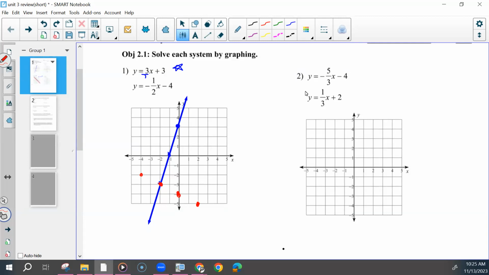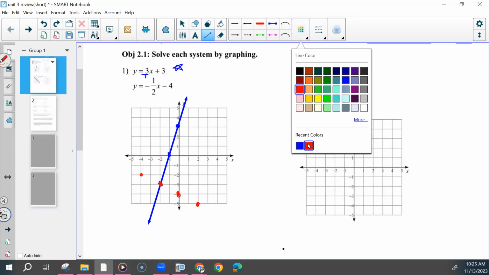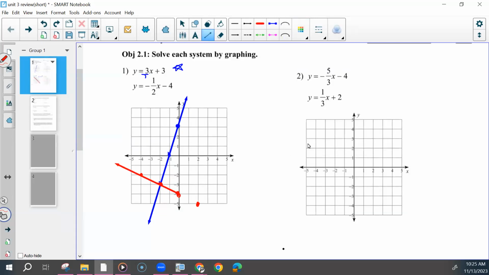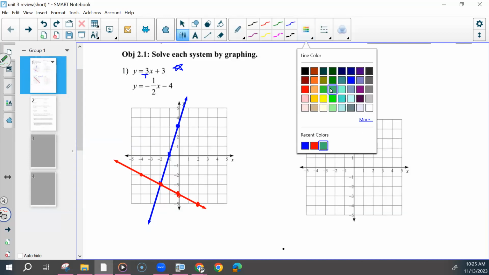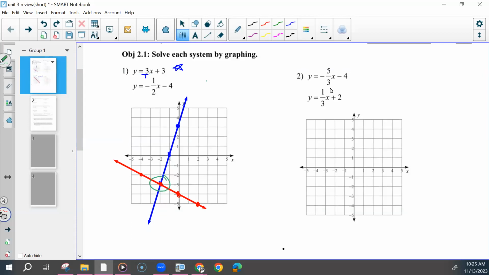Draw that line. Do those intersect? Yes, where? -2, -3. Write that as an ordered pair here, and that would be your answer. Yes. Number 4.